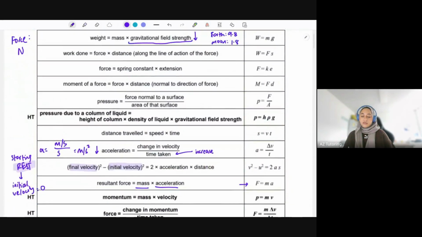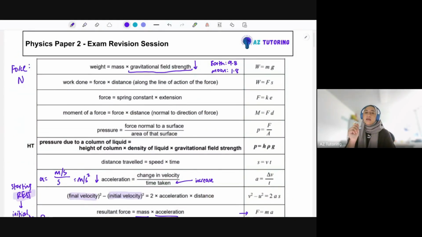Sometimes this is actually an interesting one. Sometimes they might ask you to find the force of something, the resultant force of something, but they've only given you the mass and the gravitational field strength.